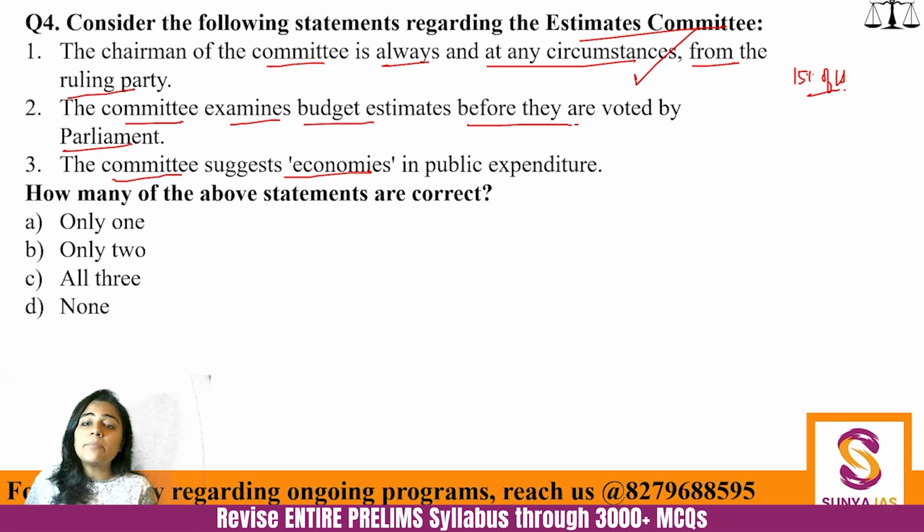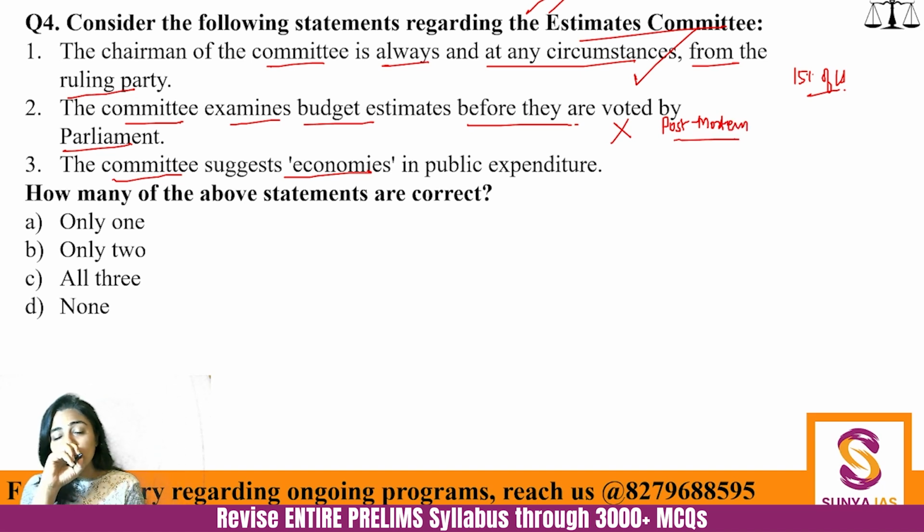Now, the second statement is actually incorrect. The function of the estimates committee is in the nature of a post-mortem. That after a particular expense has been sanctioned, then they will see whether the expense could have been done in a better manner or could have been reduced, whether they could have economies in public expenditure or not. So the third statement is correct.